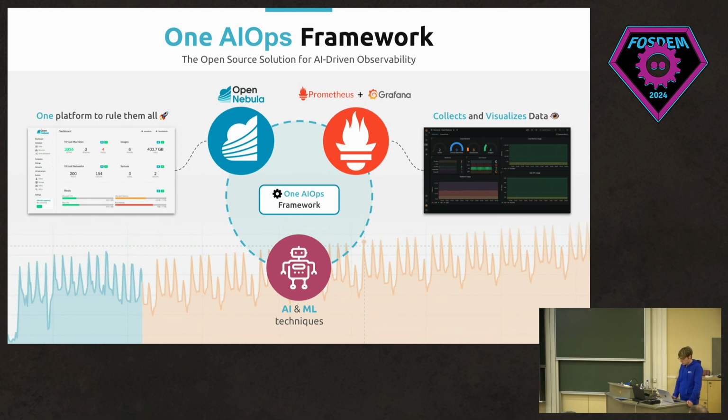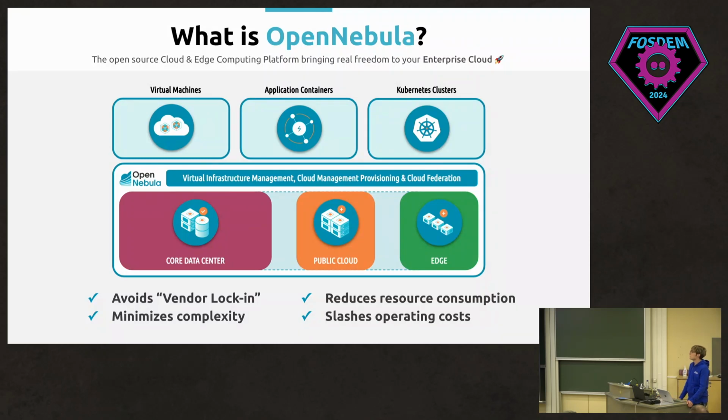So let's go step by step, and first we are going to see what OpenNebula is. OpenNebula is the open source cloud platform solution to create your own cloud. It provides the ability to deploy virtual machines in your own private data center, in your public cloud, or even at the edge.